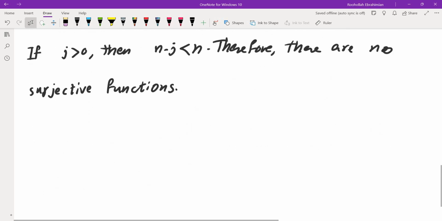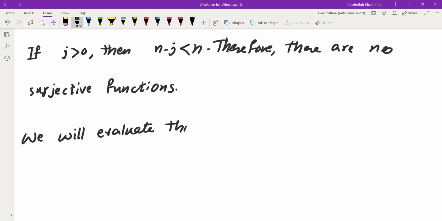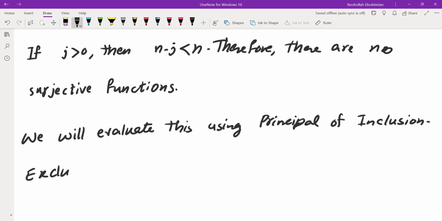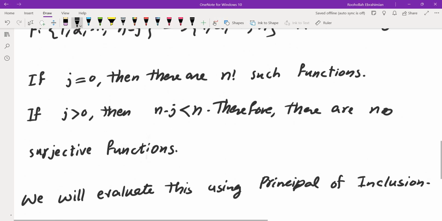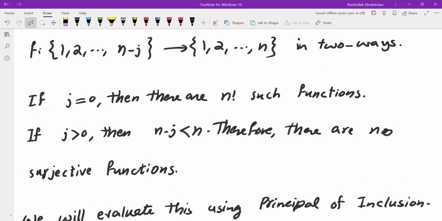Okay, so we're going to use PIE, the principle of inclusion-exclusion. So how do we evaluate that? We're going to look at first all of the functions. For all of the functions, f of 1 could be any of these n elements, f of 2 could also be any of these n elements, f of n minus j could also be any of these n elements.